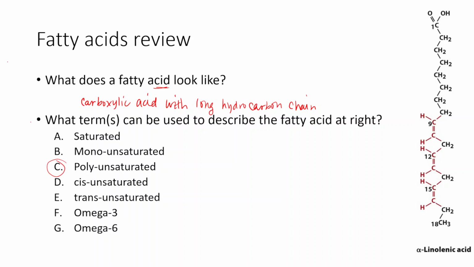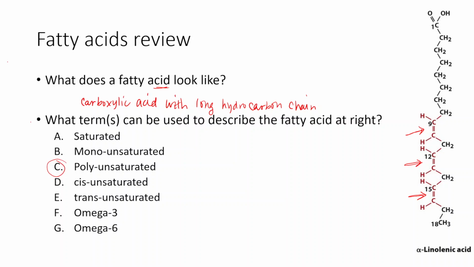Yeah, exactly. So we have one over here, one over here, one over here. So more than one double bond. So saturated is no double bonds. Monounsaturated is one double bond. Polyunsaturated, multiple double bonds. All right, how else can we describe those double bonds with these lists?